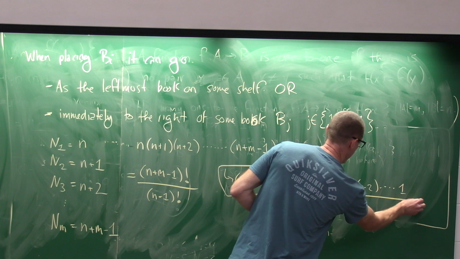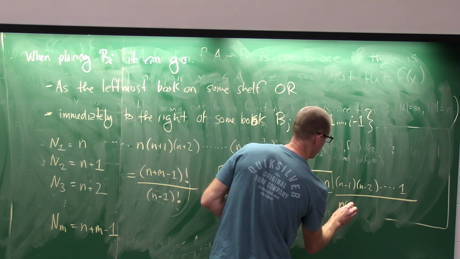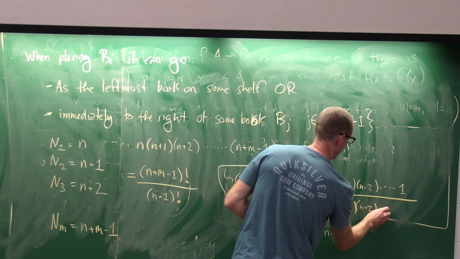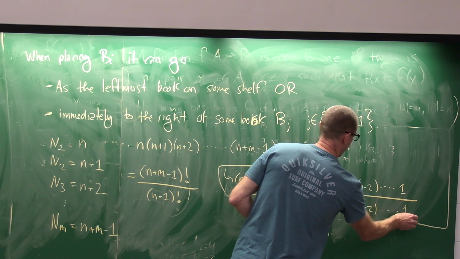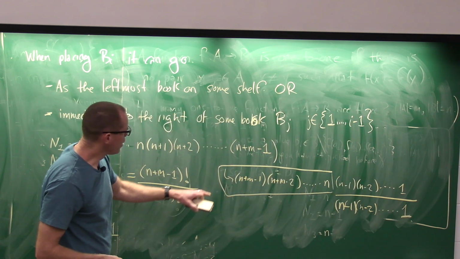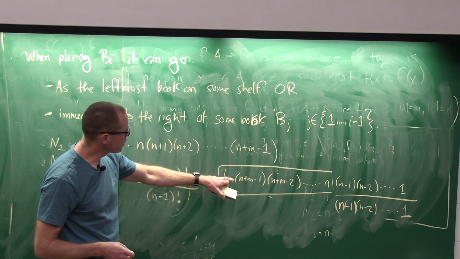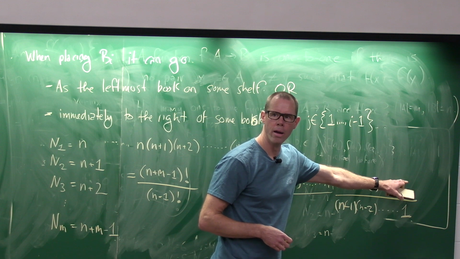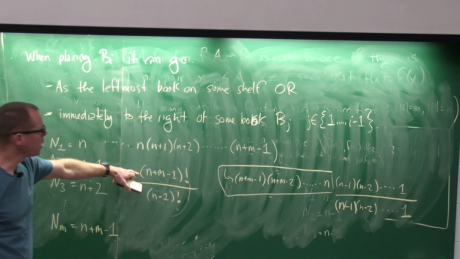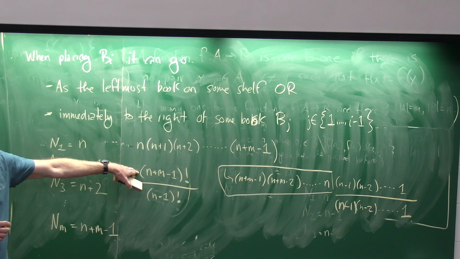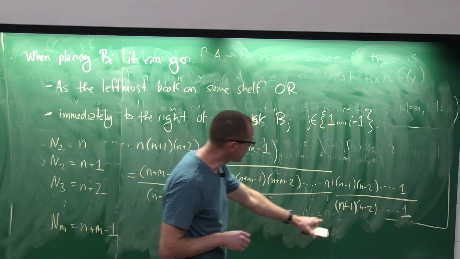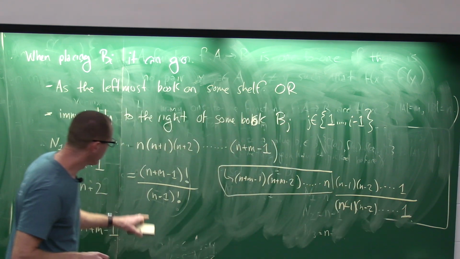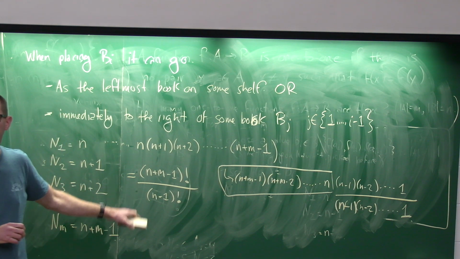So I multiply that thing by this. So now on the top here, this is n plus m minus 1, counting all the way down to 1. That's n plus m minus 1 factorial. And this thing on the bottom is n minus 1, n minus 2, all the way down to 1. That's n minus 1 factorial.